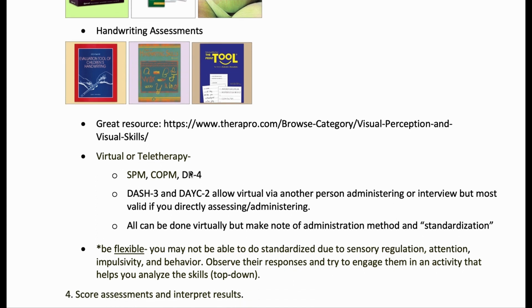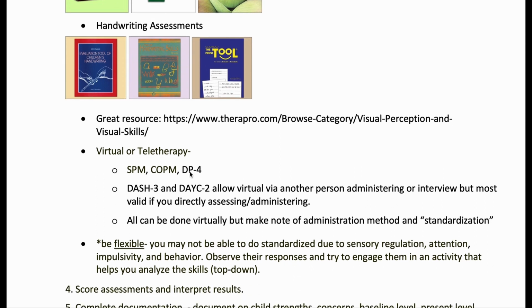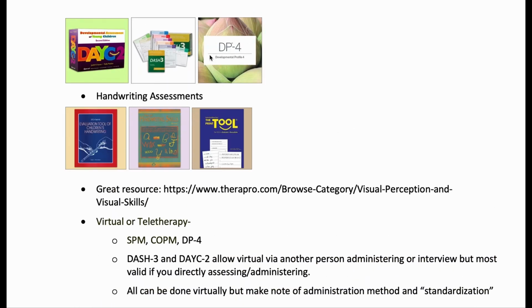Now, if you are working in teletherapy, working virtually, then you can do formal assessments still, such as the sensory profile measure, the Canadian Occupational Performance Measure, or the developmental profile.